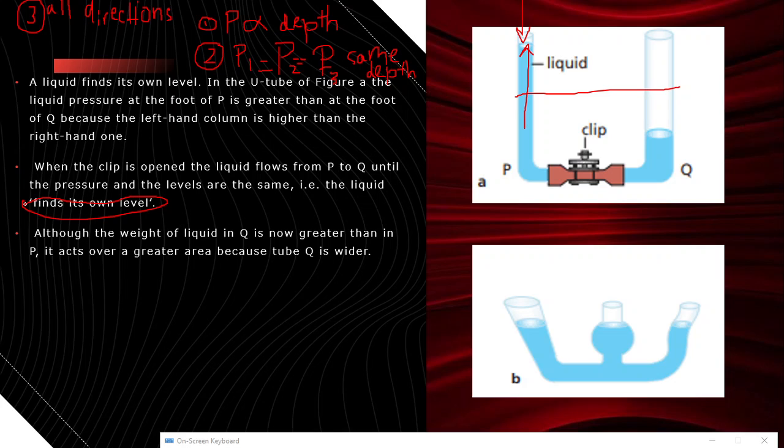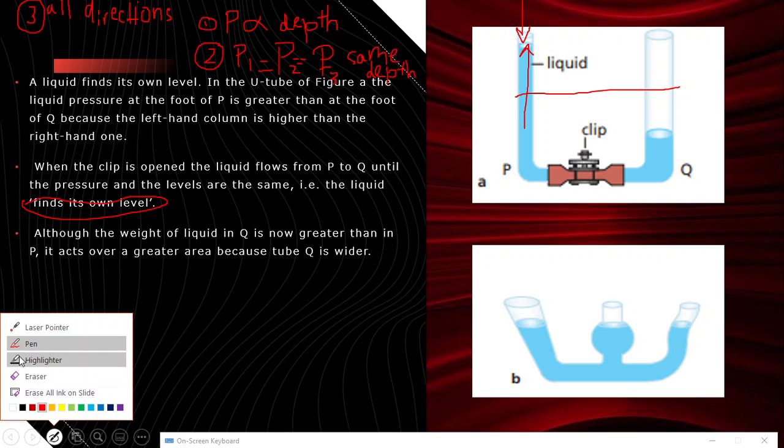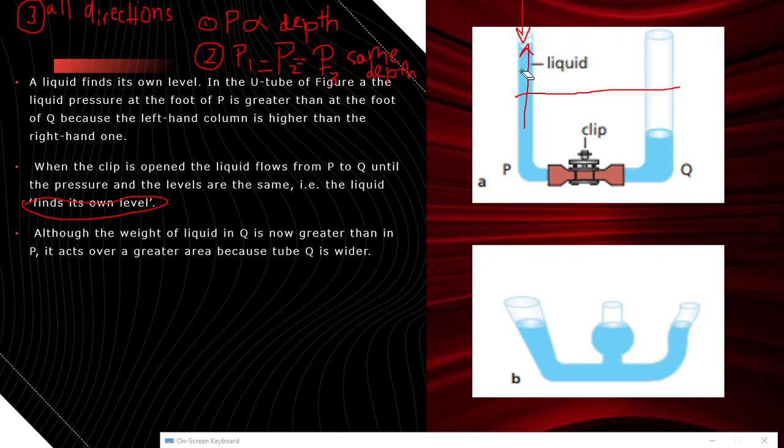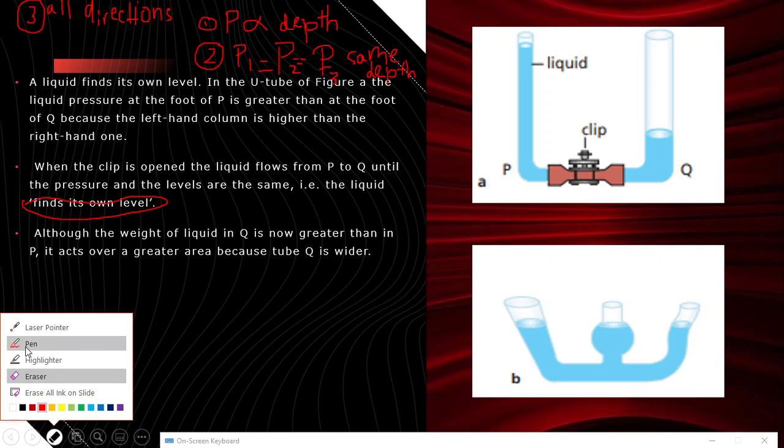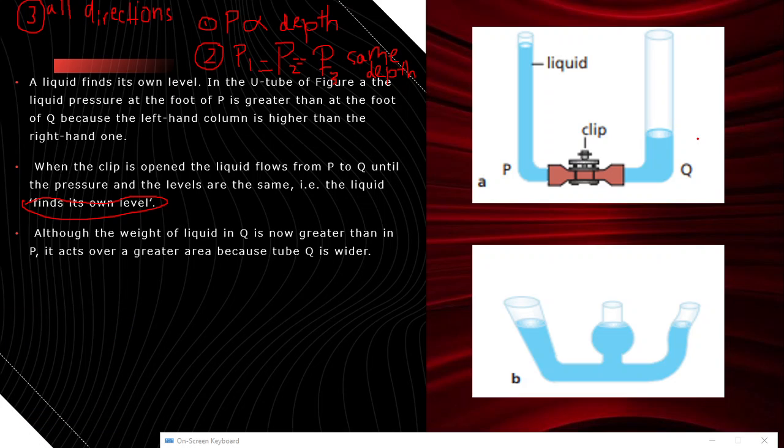Look, if the thin tube and the thicker tube both have the same level of liquid, it's very easy to note that obviously the weight of liquid in the thicker tube is going to be heavier, because the height is the same and the cross section area of the Q tube, the thicker tube, is greater.